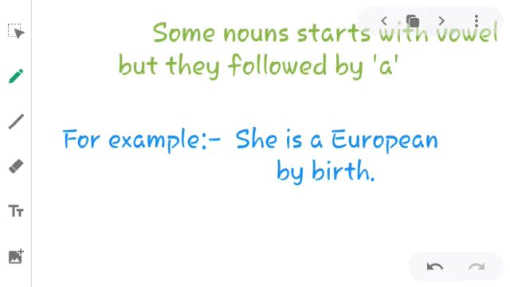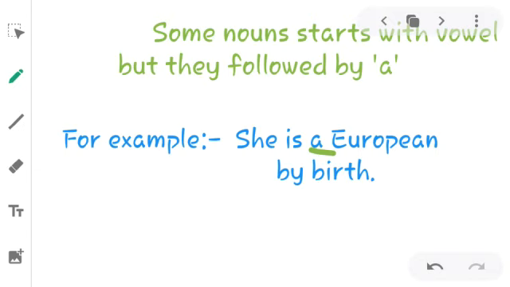Now we have another rule: some nouns start with a vowel but do not have a vowel sound. For example, European, university, union. These nouns do not take an but a before them. So we always use a for European and for university.